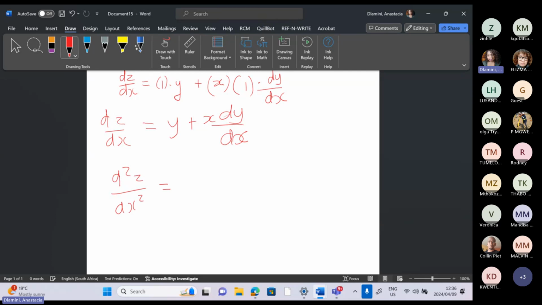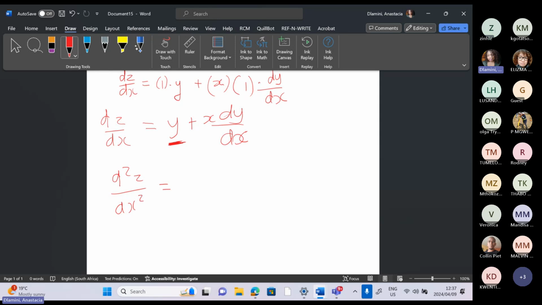Please help me. What is the first one here? What will be here when we differentiate this? dy dx.